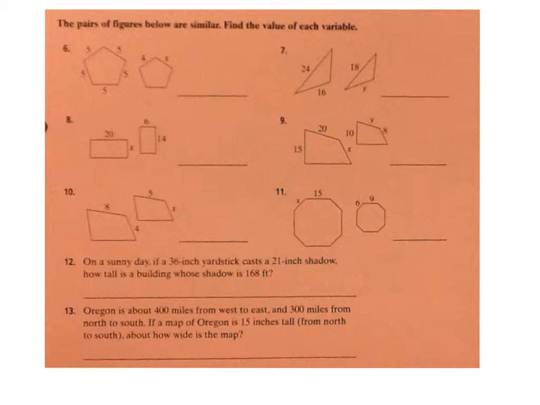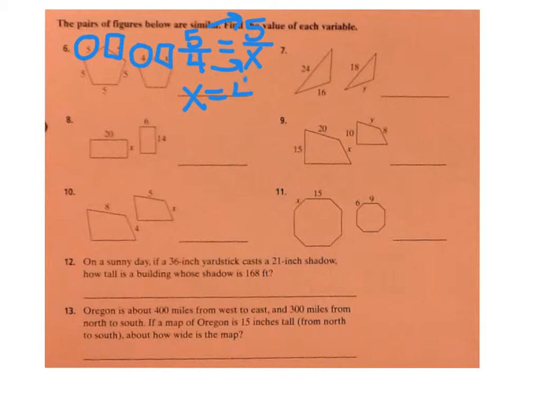So my proportion that I would want to set up perhaps is 5 is to 4. And here's X. This is what I'm looking for, and it goes with 4, so I want that on the bottom. And the piece that goes with that would be this one, so I would put 5 on the top. Well, 5 over 4, to get from 5 to 5, I multiply by 1. So 4 times 1 would give me a side length of 4.